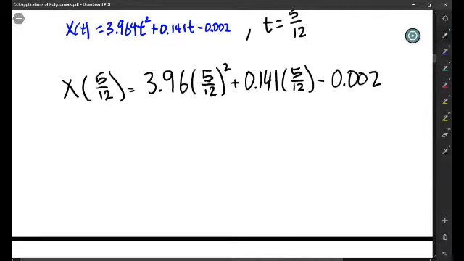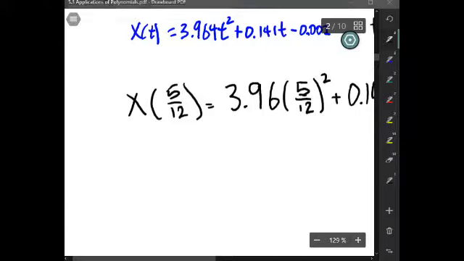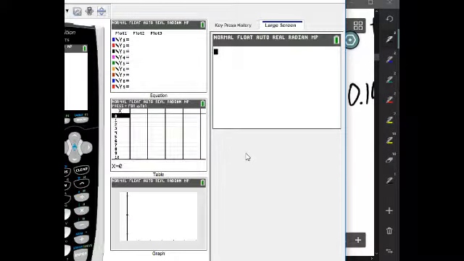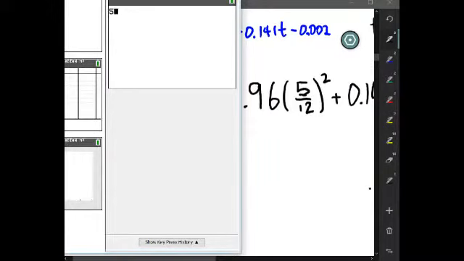And let's plug that into our calculator. Well, first we're plugging 5/12 in. So we do 5 divided by 12. The number we're evaluating, store that as a variable with the variable key, x.